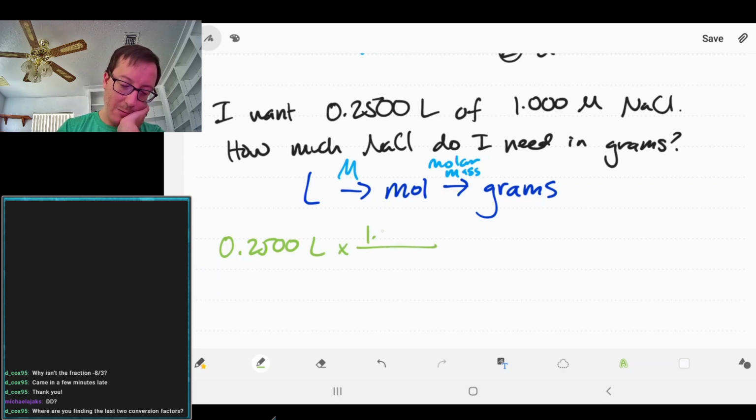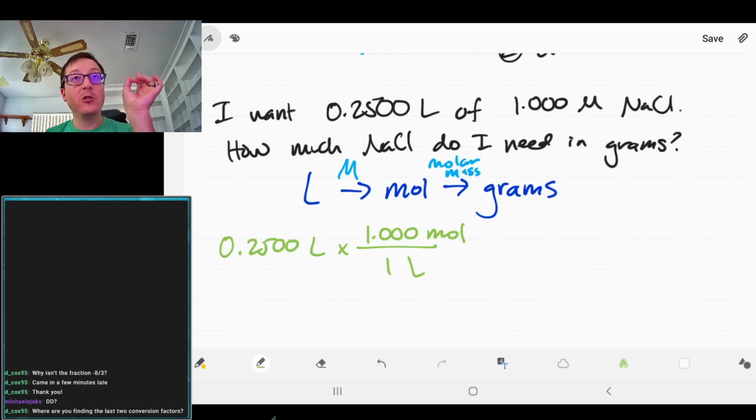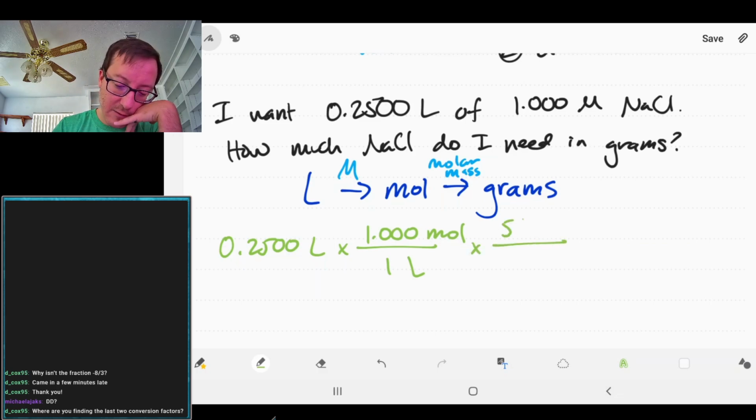We have 1 molar. 1 molar means 1 mole per liter. Remember, the molarity number goes with moles, always per 1 liter. And then we need the molar mass, which I think was 58.44 grams for 1 mole.